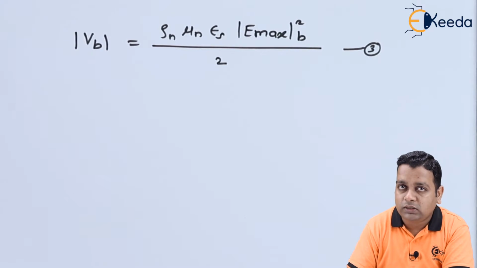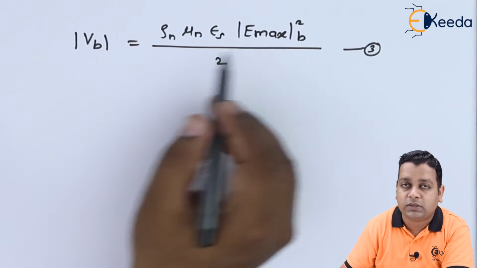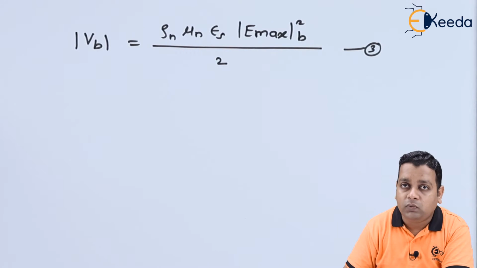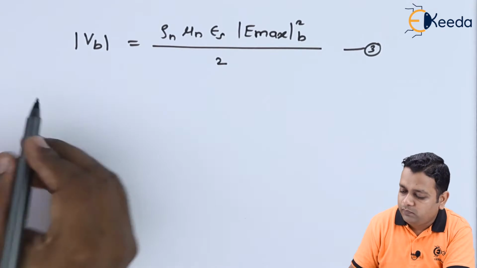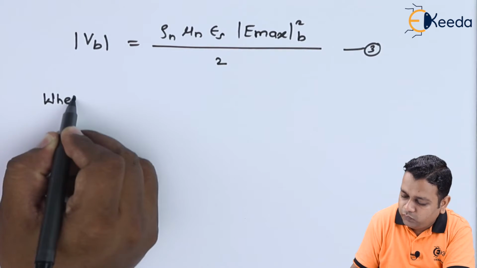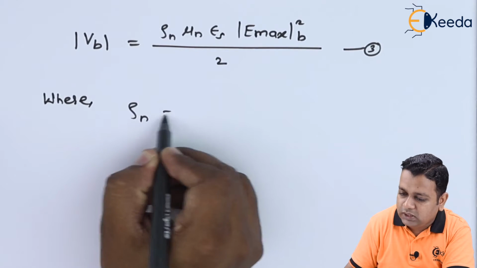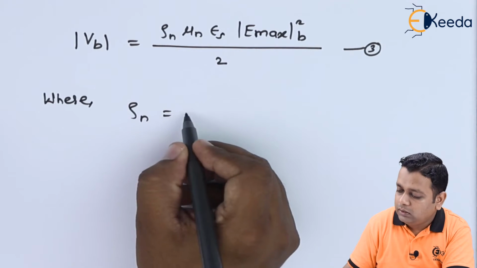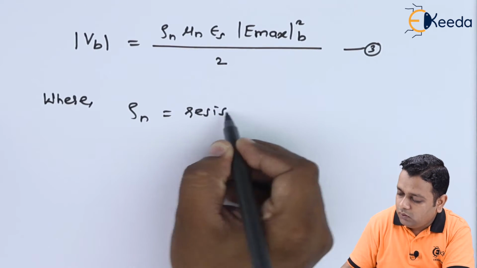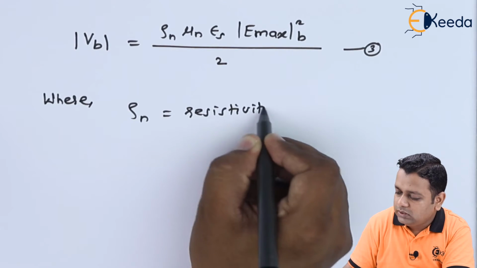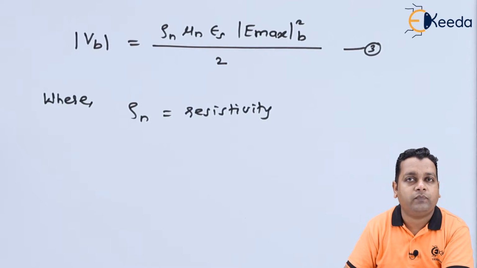So in this equation we have the parameters represented on the right hand side. We can express the meanings as follows. First of all, rho suffix n represents the resistivity of the semiconductor material here.